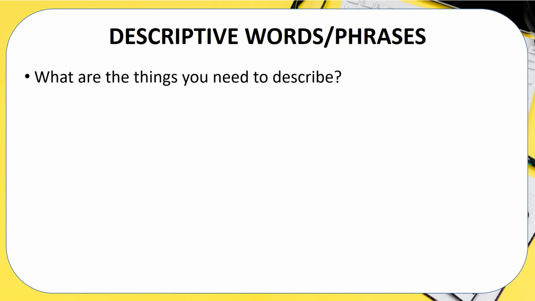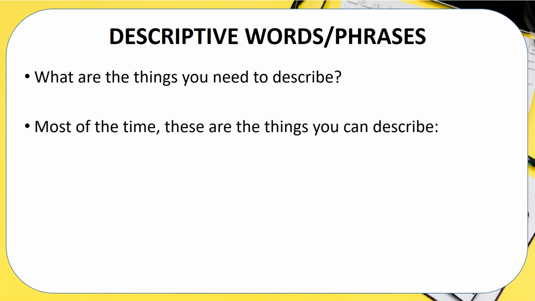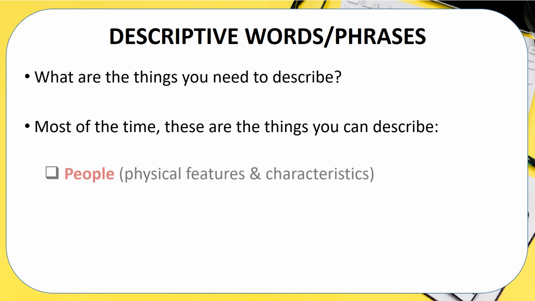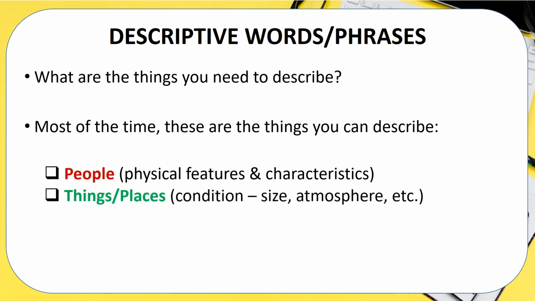So, what are the things that you need to describe? Most of the time, these are the things that you can describe. I have made a list. Let's see. The first one is people. When you describe people, you want to describe their physical features and characteristics. And then you can also describe things or places. And usually when you describe things or places, you describe the condition, the size and the atmosphere.